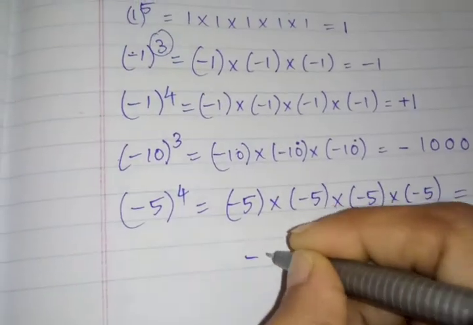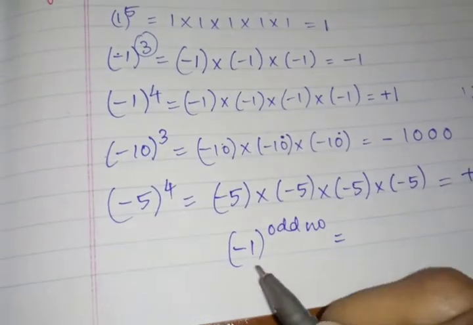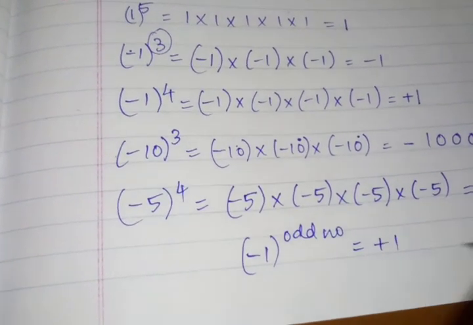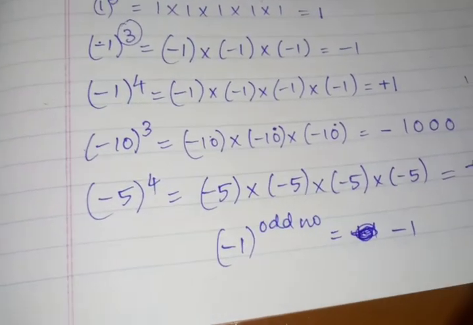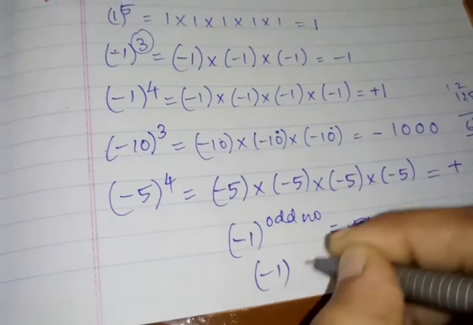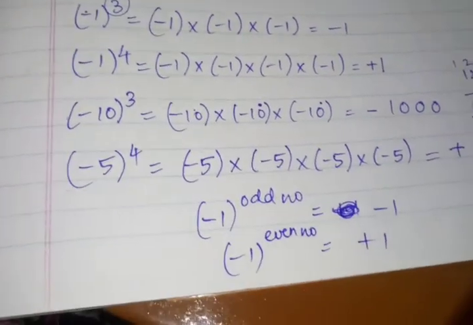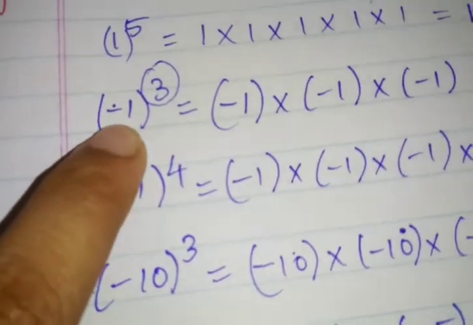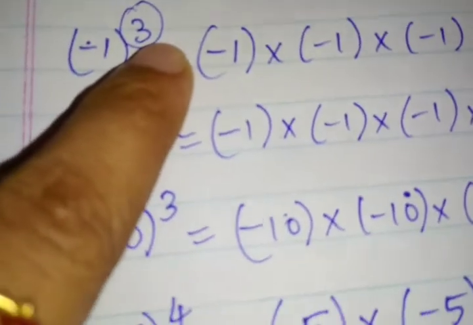The meaning is: minus 1 the whole power odd number means the answer will be minus 1. Minus 1 the whole power even number means the answer will be plus 1. Listen, you can check it. See here, minus 1 the whole power 3. What kind of number is 3, children? It is an odd number, right?